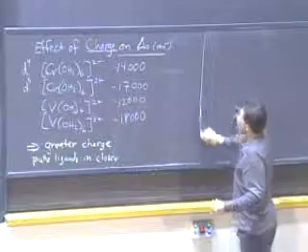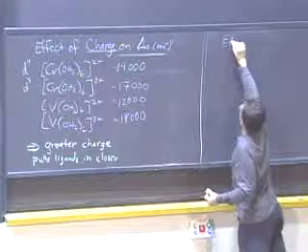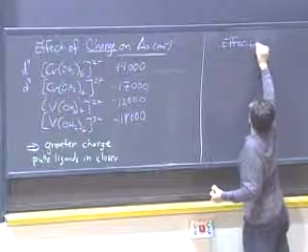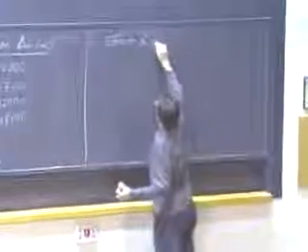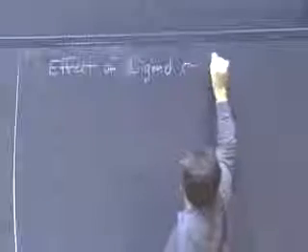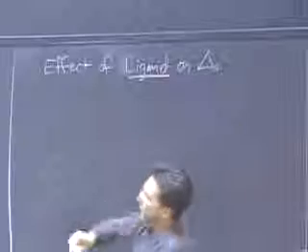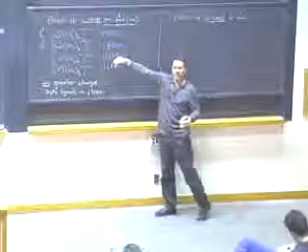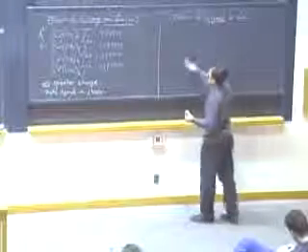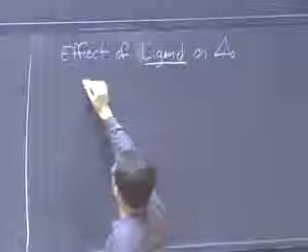And then we can also look at the effect of changing the ligand. In the system on the left, we were looking at pairs of metal complexes with the same ligand and changing the charge, and now we're going to see what happens if you change the ligand.